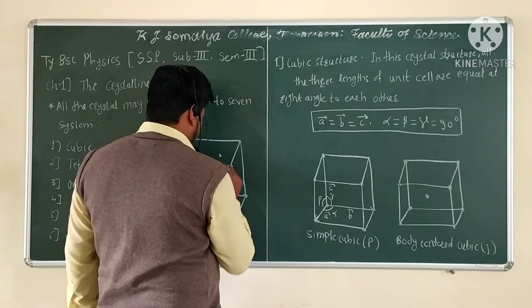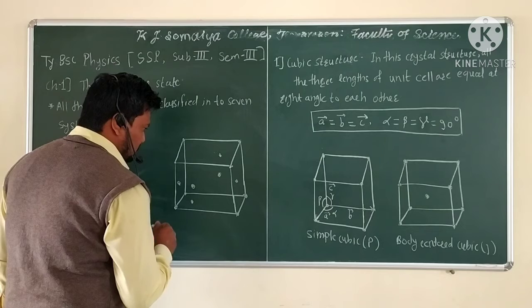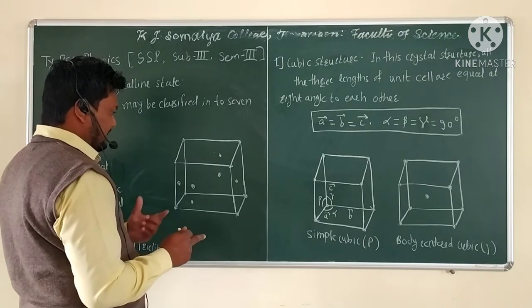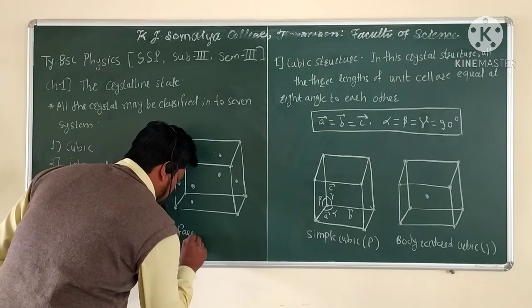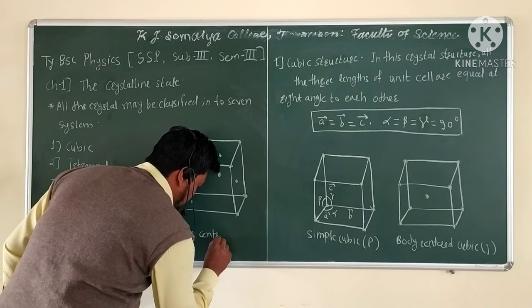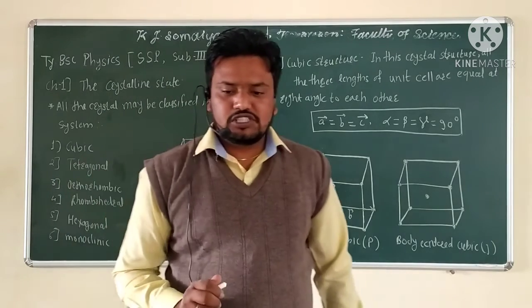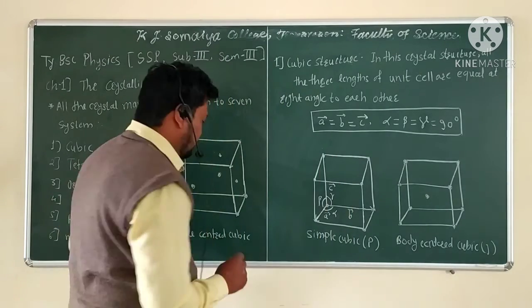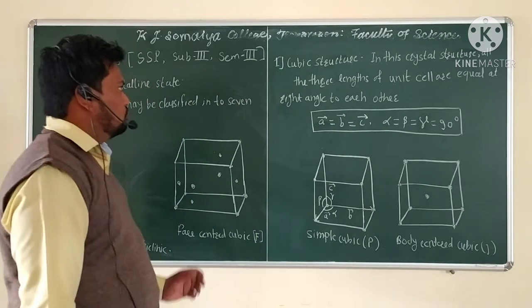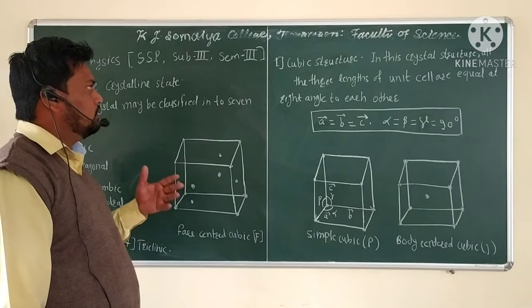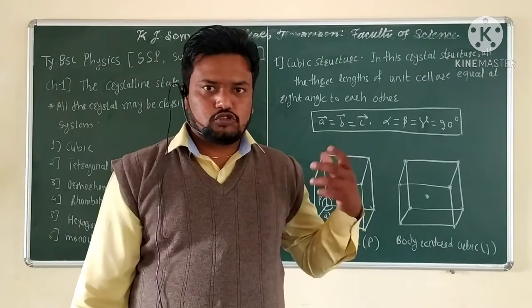Because there are total 6 face lattice points, this structure is known as face centered cubic, the FCC structure, and it is denoted by F.